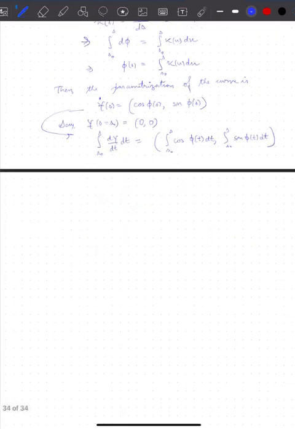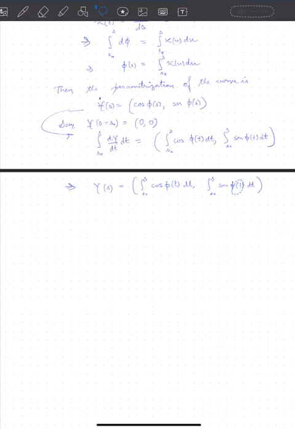Okay, and then after integration, all we have is gamma as a function of S is equal to the integral of cosine phi of t dt, comma the integral of sine phi of t dt. And then we have to substitute the expression for phi from here, so this will go here in the expression for the turning angle.